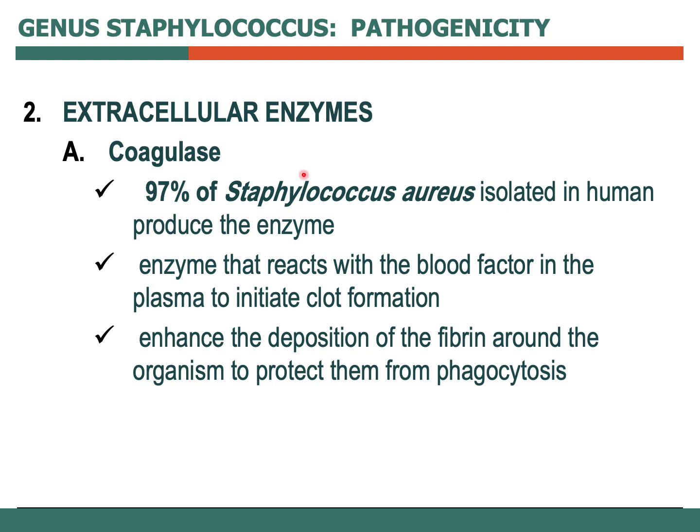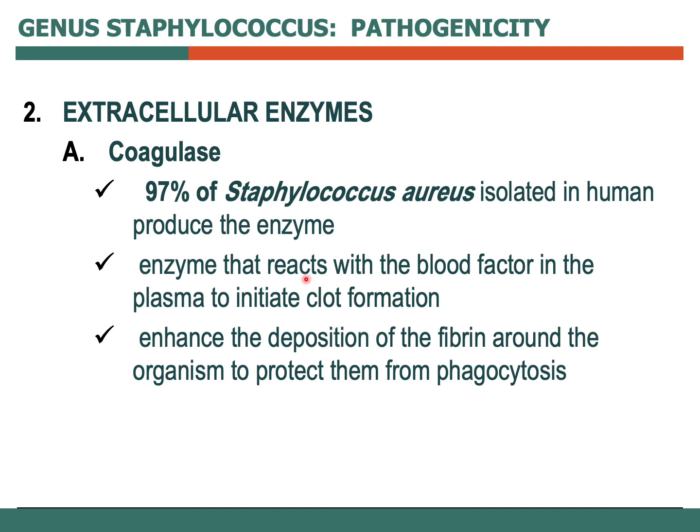You also have extracellular enzymes as your virulence factors. As I said, the main principal virulence factor of staph is your coagulase. 97% of Staphylococcus aureus isolated in humans produce this type of enzyme. This enzyme reacts with blood factor in plasma to initiate clot formation.